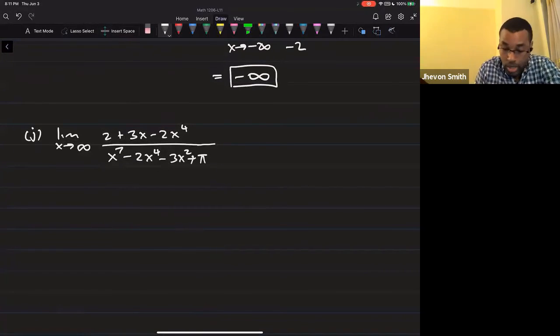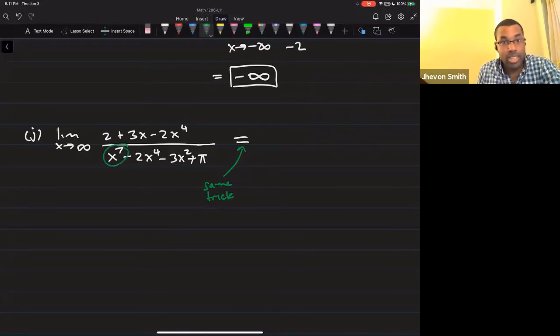And again, same trick. Find the largest power of x in the denominator, it's x to the 7th. We're going to divide everyone by x to the 7th.